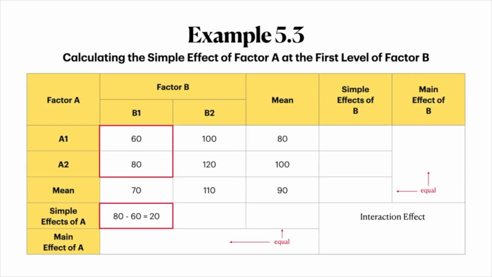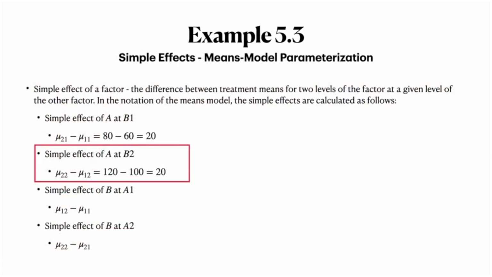This is shown in the context of the table, as shown here. So we're calculating the difference in the treatment means in that first column. 80 minus 60 gives 20, and so that 20 is the simple effect of A at the first level of factor B. The simple effect of A at the second level of factor B is defined to be mu22 minus mu12.